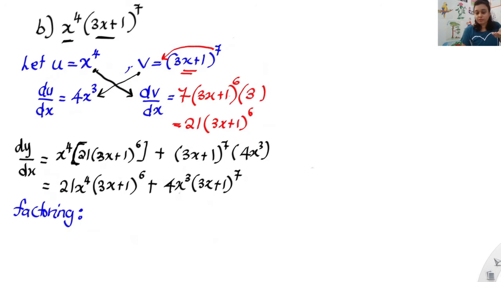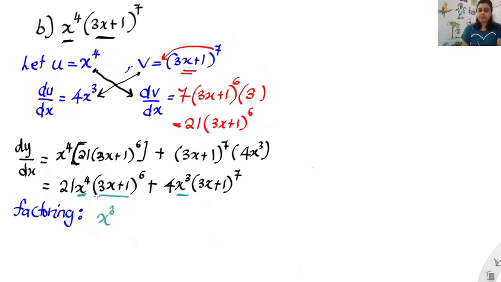No, so the numbers don't factor. Look at x. Here got x, here also got x, so this x can be factored out. When you factor out, take the smallest power. 4 smallest or 3 smallest? 3, right? So put 3 there. That one is factored already.